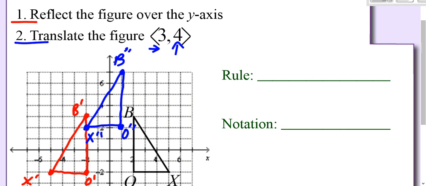Now, for your rule, you've got to write down what each one does. The reflection over the y-axis goes to negative x, comma y. That's the rule from our reflection lesson for over the y-axis.